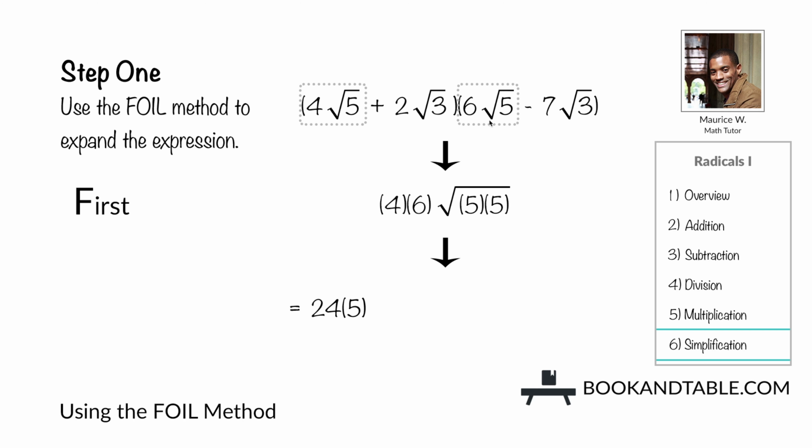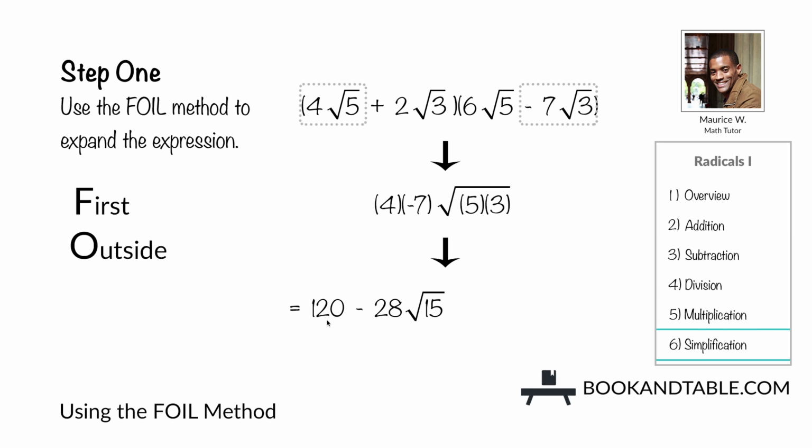When you're multiplying radicals, you multiply the coefficients times each other. 4 times 6 gives you 24. You then multiply the radicals. Radical 5 times radical 5 will give you radical 25, or the square root of 25, which is equal to 5. 24 times 5 gives you 120.